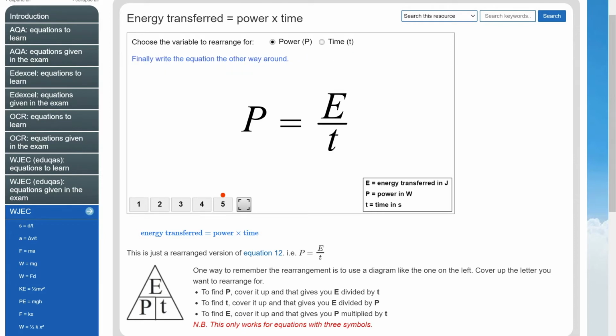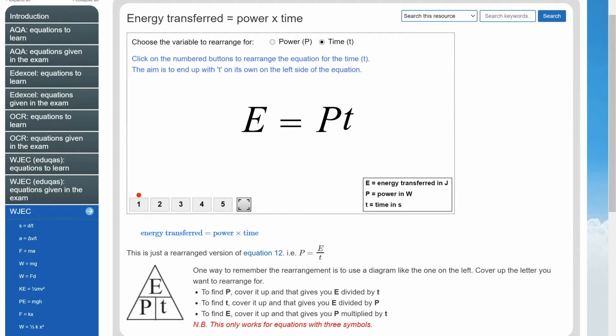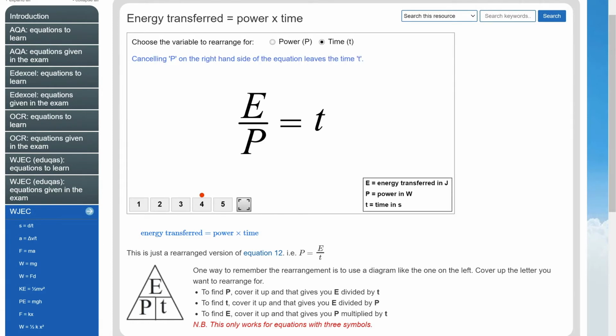You choose whichever method you prefer, and up the top here you can change to rearrange for a different variable. In that case, that was T.